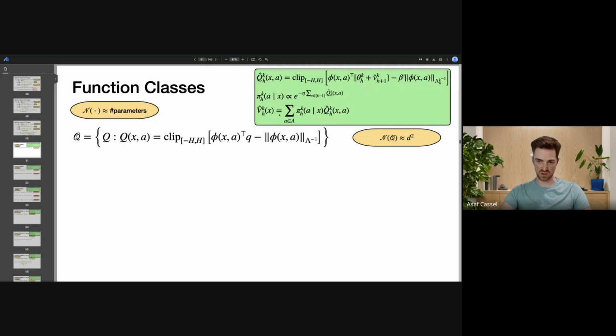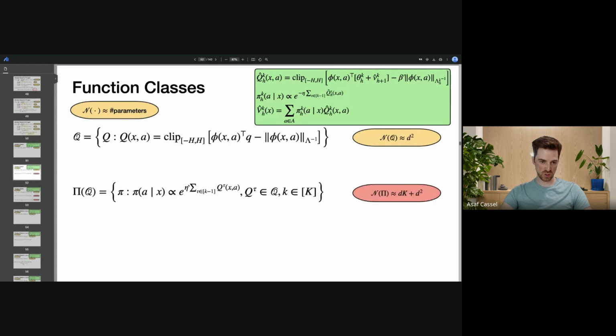And the value, again, is expectation with respect to the policy. So the Q function class is just clipping over a linear function minus this weighted norm. And this is fine. If you look at covering numbers, essentially, they are the number of parameters that you have in your function class. At least in this case, this roughly works out. And here, Q is of size D, and lambda is of size D squared. So the log covering number is about D squared for this, which is fine.